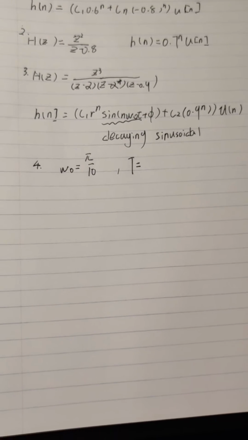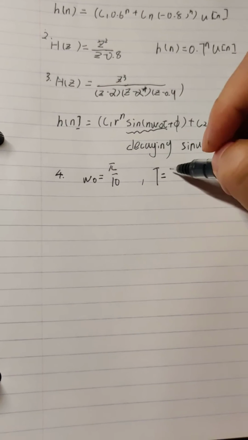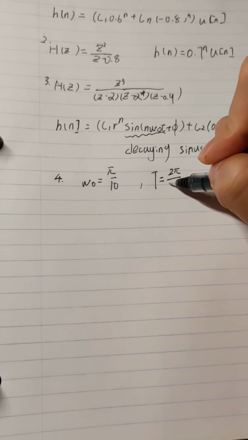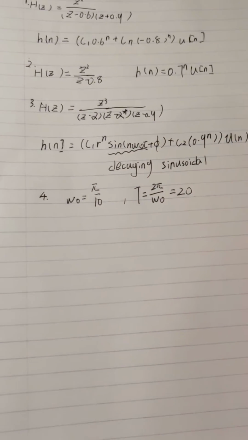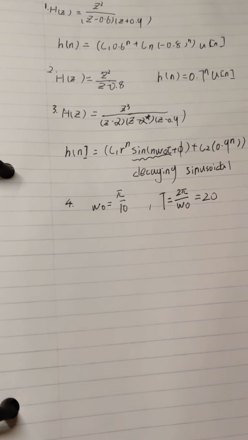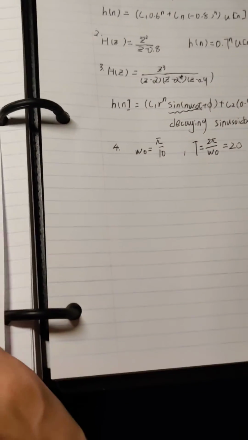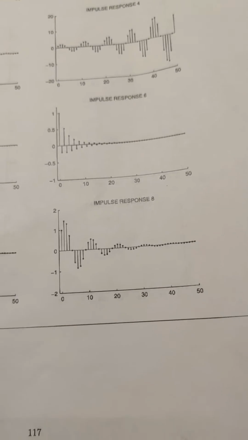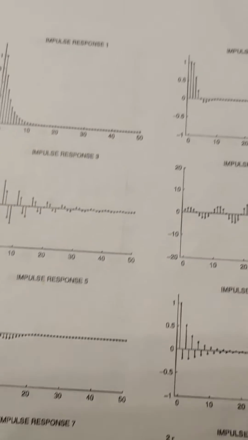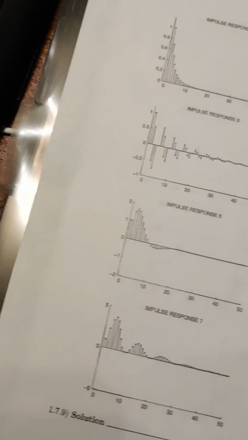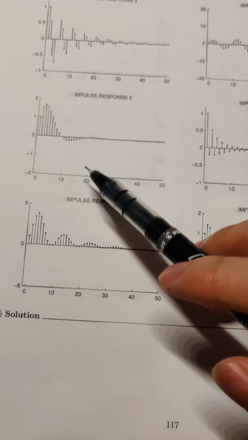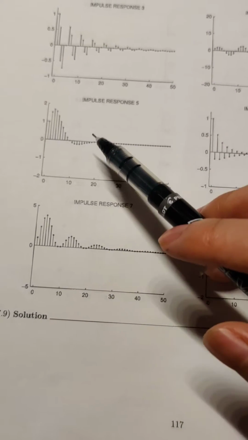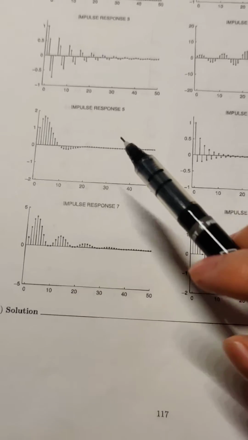One period is 2 pi divided by W0, which equals 20. So the period of time for one circle is 20 seconds. So we can find the impulse response. It matches response number 5, because the period for one circle is 20 seconds.